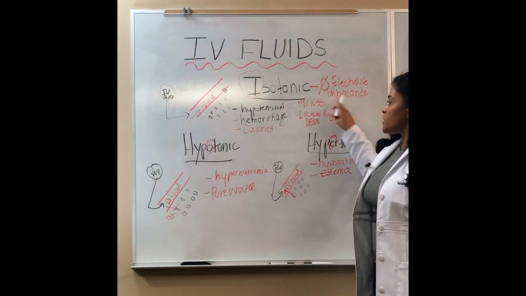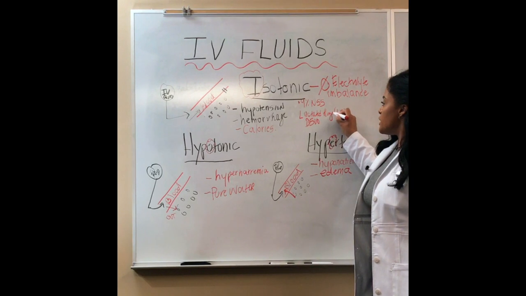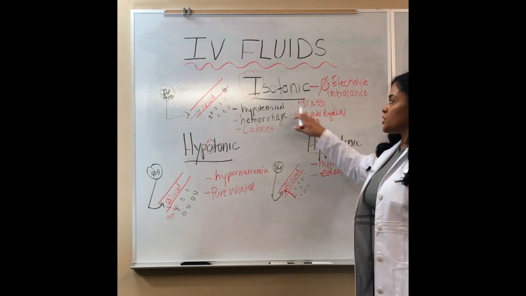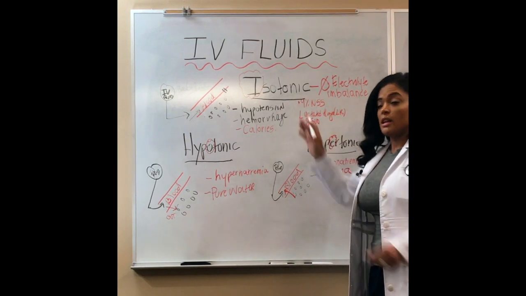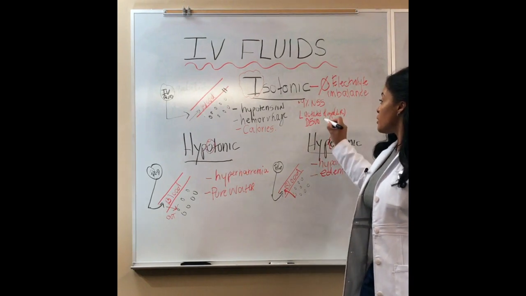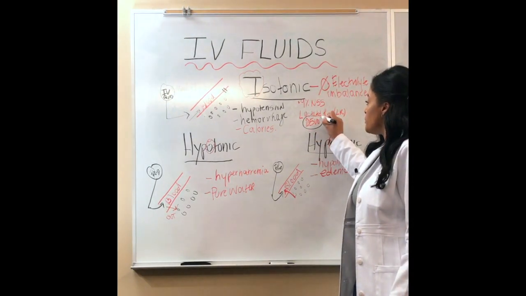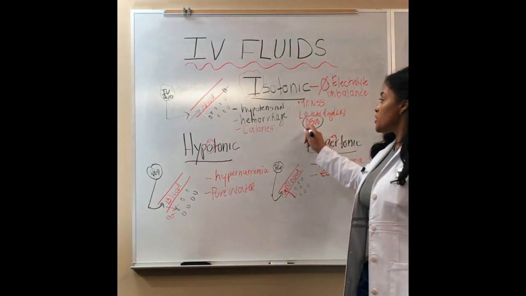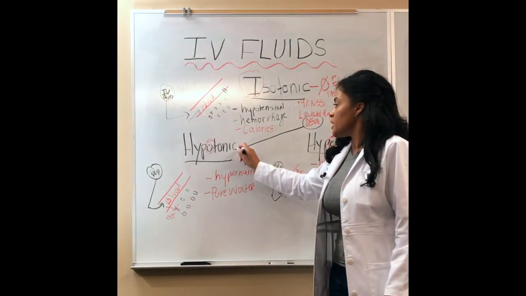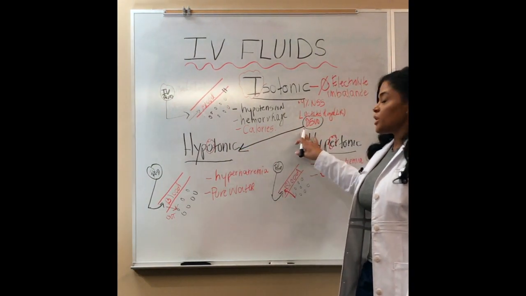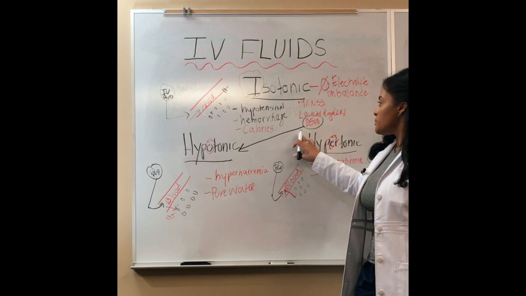So 0.9 normal saline, lactated ringers, and D5W fall under isotonic solution. Now there is a tricky one in here, which is your D5W. D5W is also considered a hypotonic solution, but we're going to talk about that in a couple minutes.